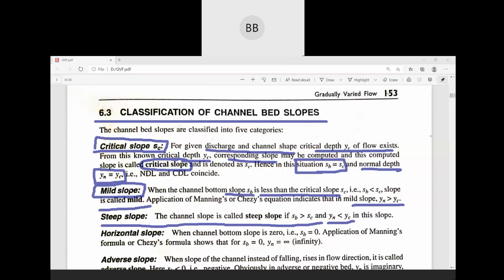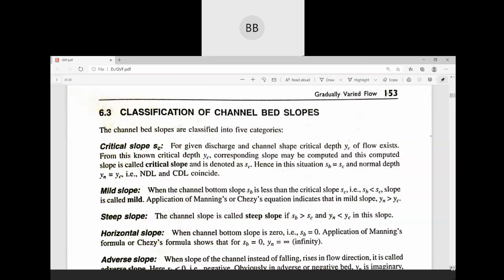Fourth one is horizontal slope. When the channel bottom slope is 0, that is SB equal to 0, then we can say the slope is horizontal slope, and the normal depth of flow is infinity. And the last one is adverse slope, that is negative.